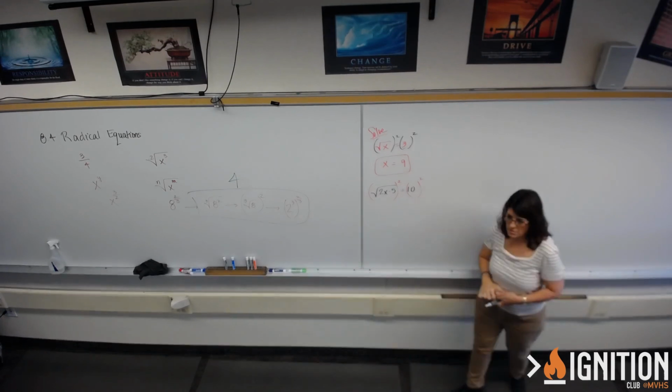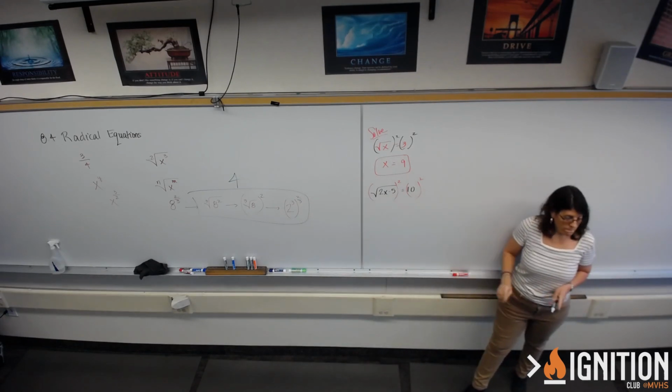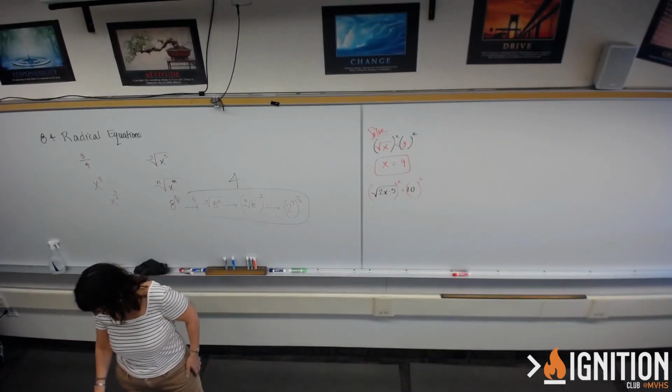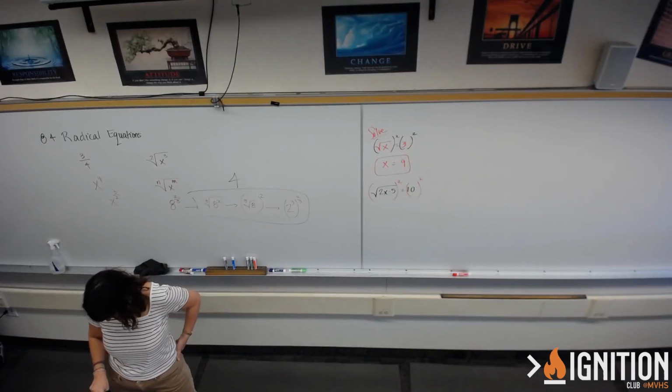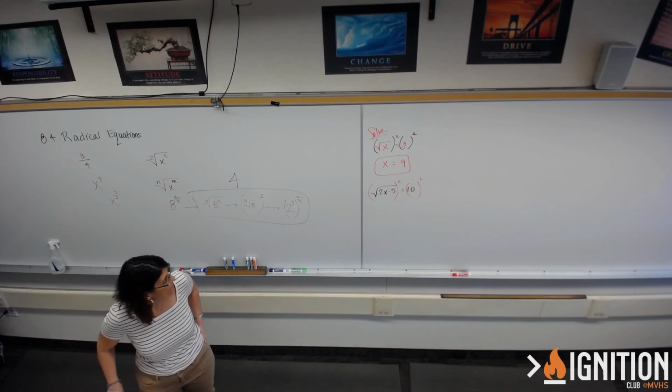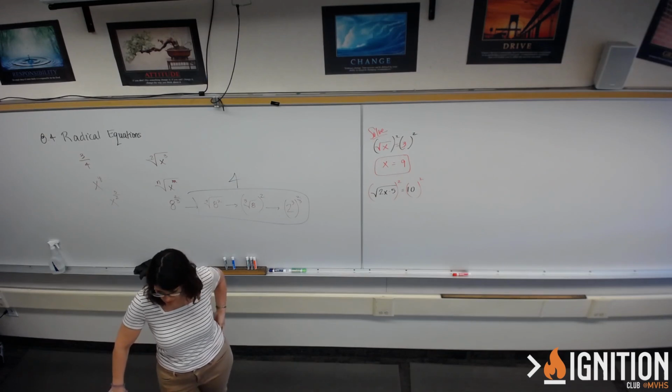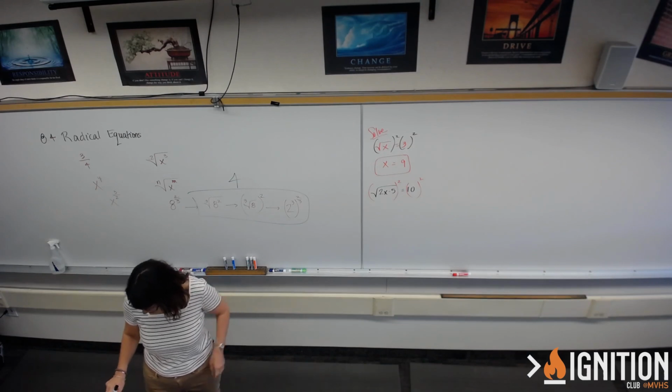Figure it out, check your work, check with your neighbors, see if you guys get the same thing. That's 2x minus 5 or 2x? 2x, it's the square root of 2x minus 5. Would you prefer decimal or? No decimals, get over it.